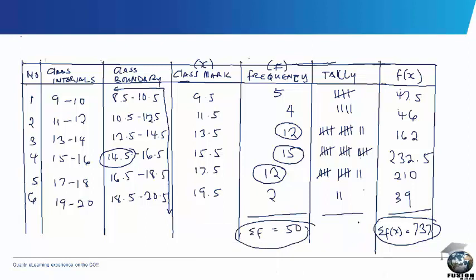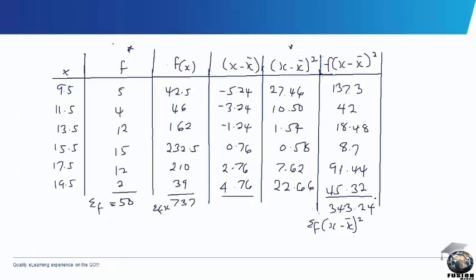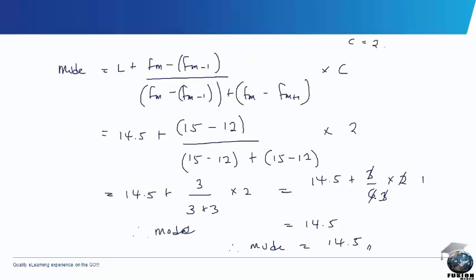To do this, we have to determine the cumulative frequencies of the table above, and I don't think we have cumulative frequencies here yet, so we have to do that now.